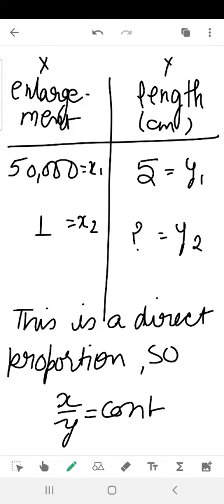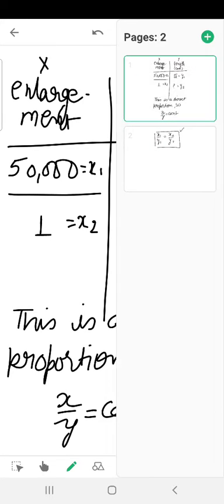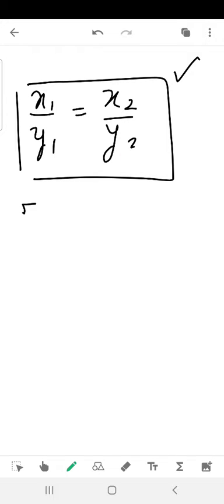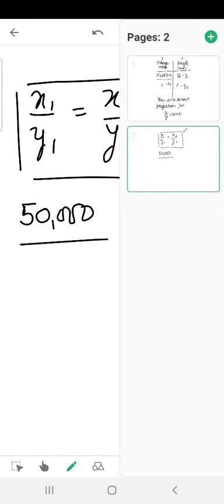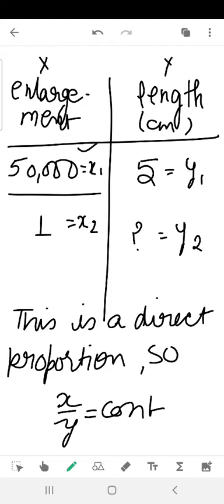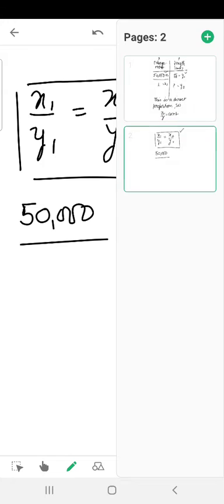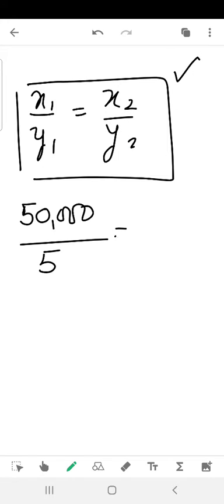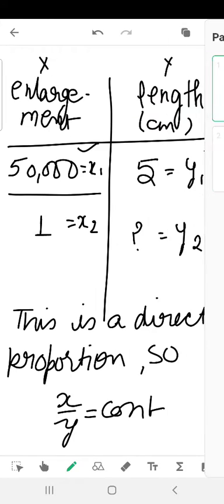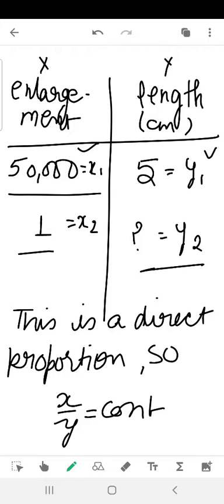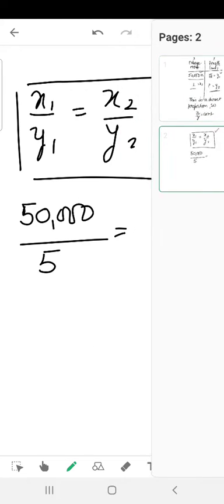Okay, so in this question, x1 is 50,000, so I'm putting 50,000 in place of x1. y1 is 5, so in place of y1 it is 5. x2 is, you can see, 1, and we don't know y2, so it will be 1 upon y2.